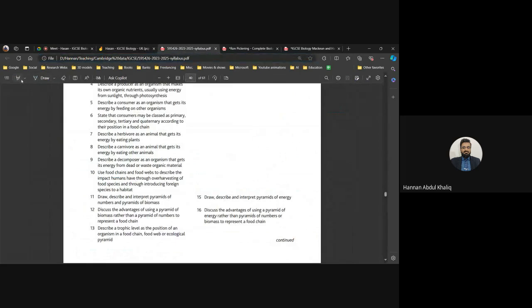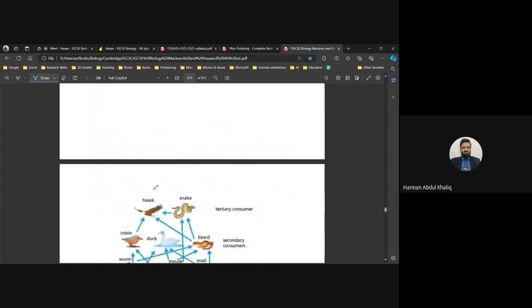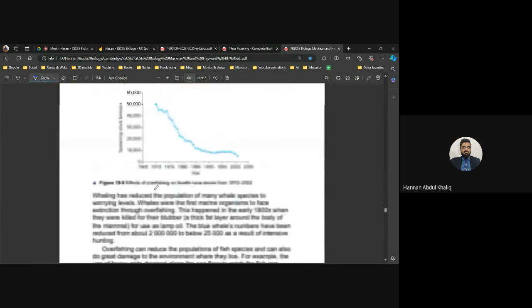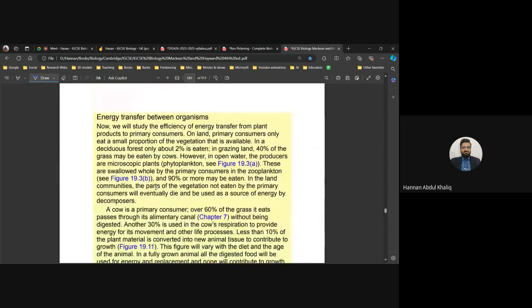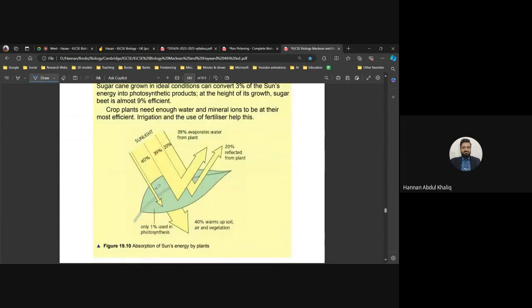Okay, clear? Yes, clear. Pyramid of numbers, pyramid of biomass, pyramid of energy. Pyramid of energy is the same as the pyramid of biomass, because we know very clearly that the pyramid of energy can never be different.